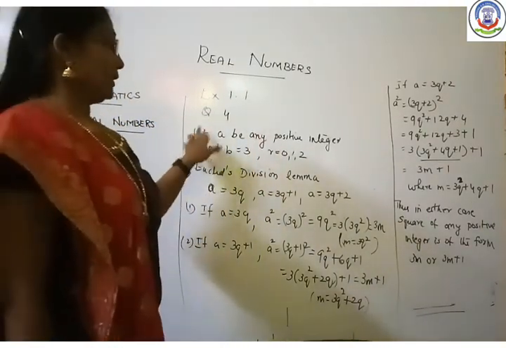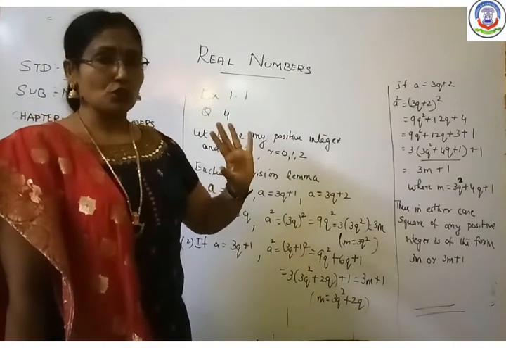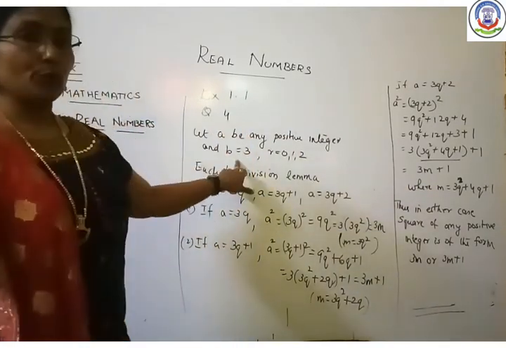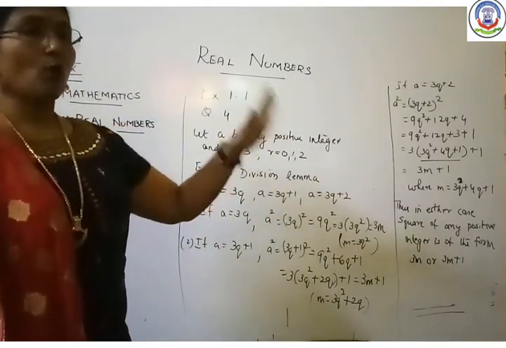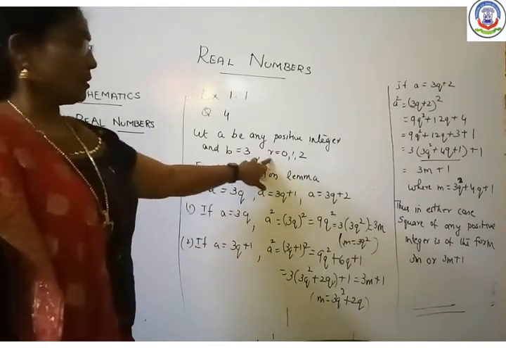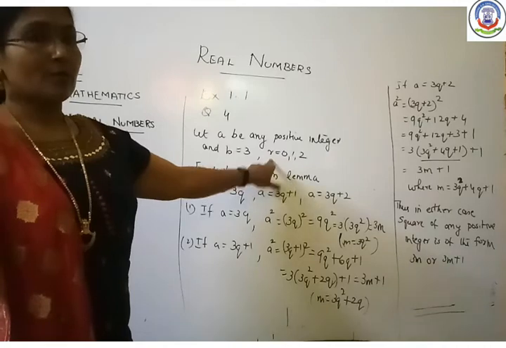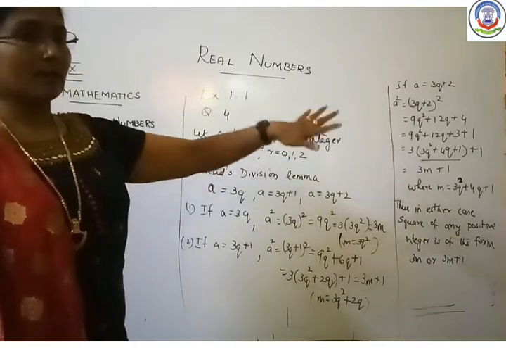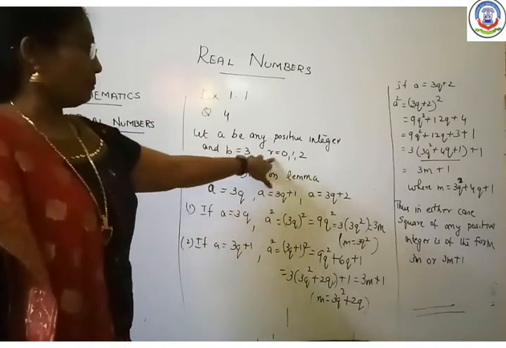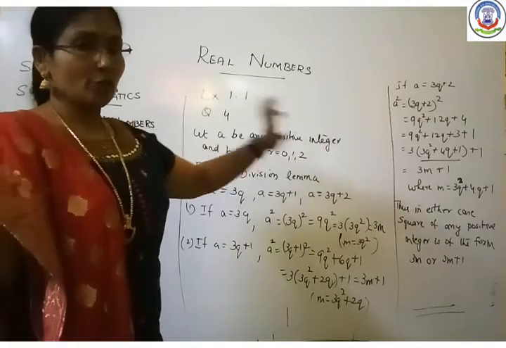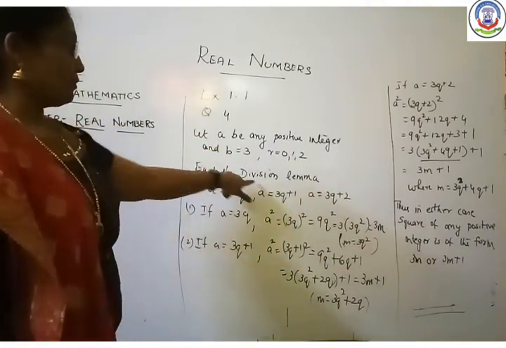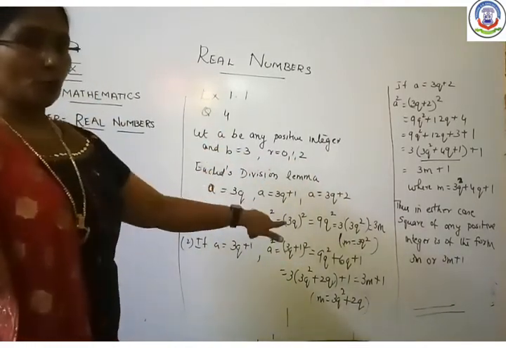For that, you will take that let a be any positive integer and b equal to 3, because you have to get 3m or 3m plus 1. And r is equal to, then how will be r? You know the condition for r: 0 less than or equal to r less than b. That means it can be 0, 1 and 2. Now according to Euclid's division lemma, a is equal to bq plus r.